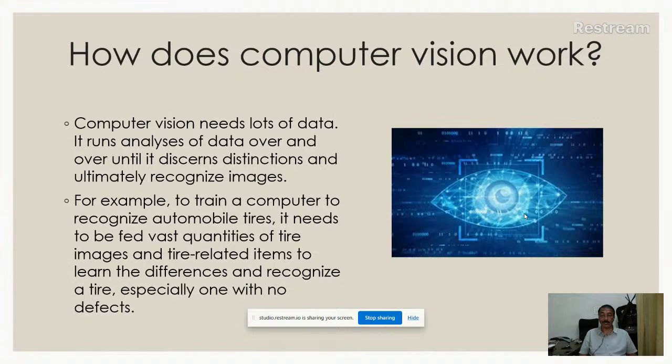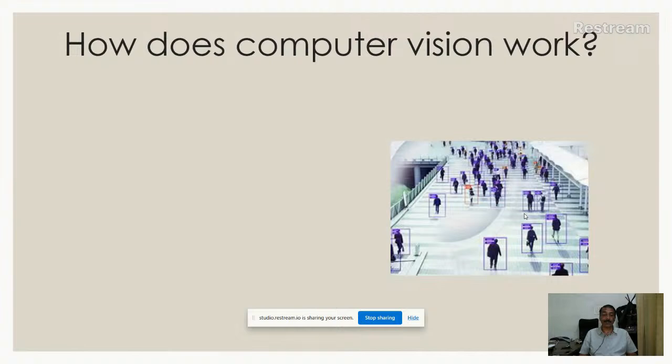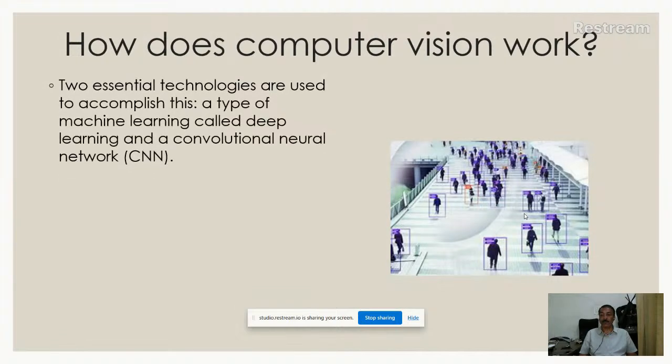For example, to train a computer to recognize automobile tires, it needs to be fed a vast quantity of tire images and tire-related items to learn the difference and recognize a tire, especially one with a defect and one which does not have a defect. Two essential technologies are used to accomplish this: a type of machine learning called deep learning, and a convolutional neural network or CNN.